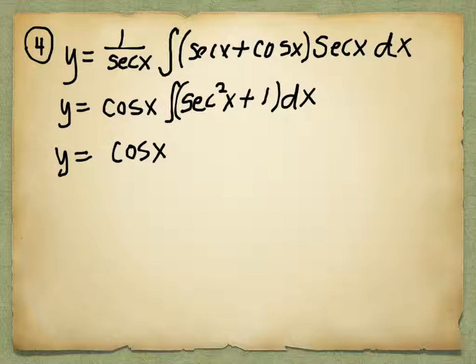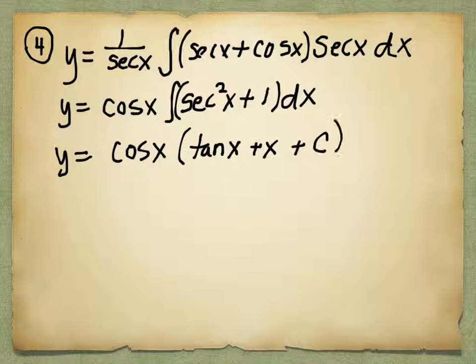What's the antiderivative of secant squared? That's actually tangent, isn't it? The antiderivative of secant squared is actually tangent, so changing it in this particular case wouldn't have been very helpful. What's the antiderivative of 1? It is x. And there's a plus c here going on somewhere, right?